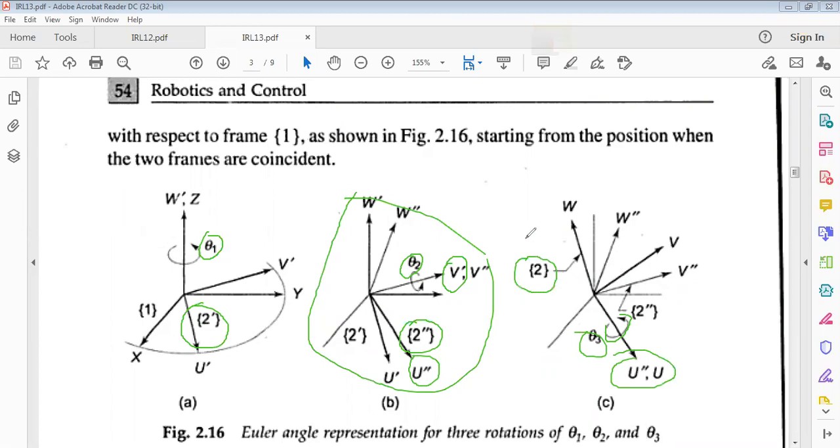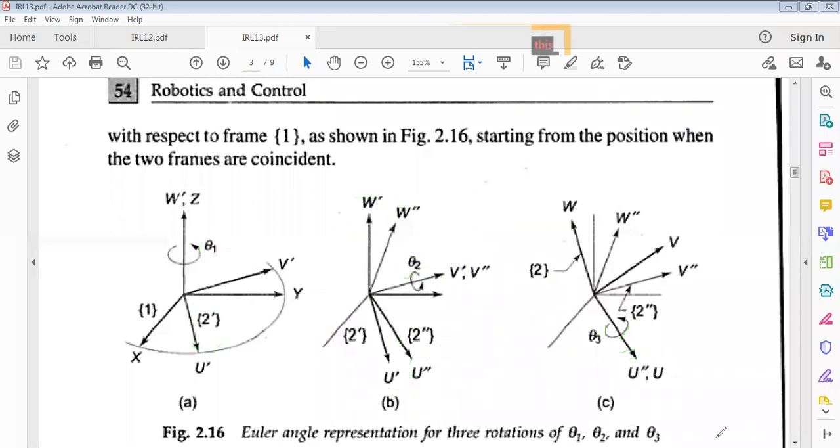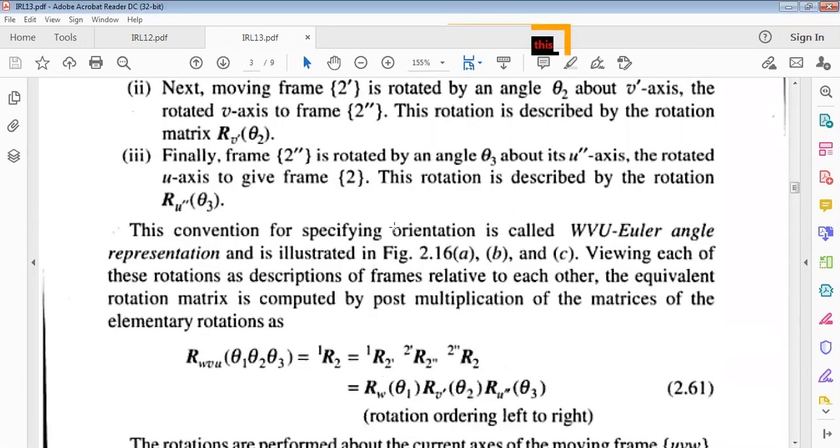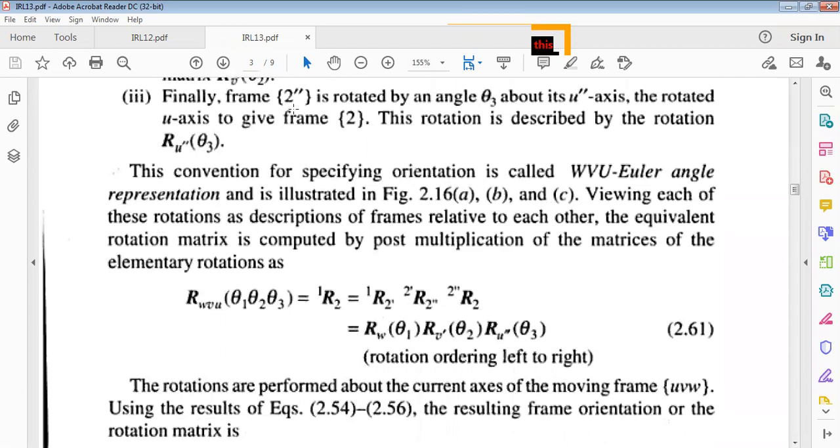Now see how we denote the rotation matrix. The equivalent rotation matrix 1R2, or R_WVU(θ1, θ2, θ3).